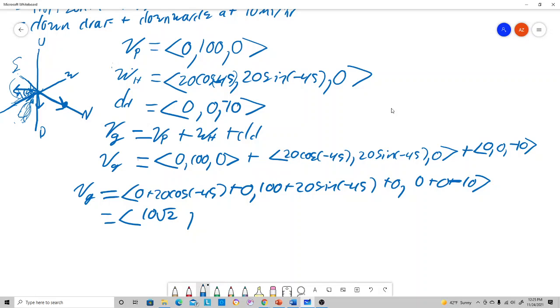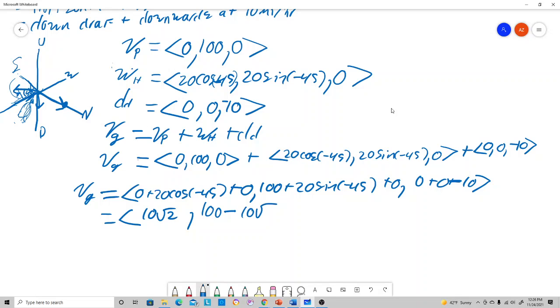And then to simplify this, because we're going in a negative angle, the sine is going to be negative because we're going to be in the fourth quadrant. So it's going to be a negative 45 degrees. So it's going to be 100 minus, again, square root 2 over 2 will create a 10 by simplification.